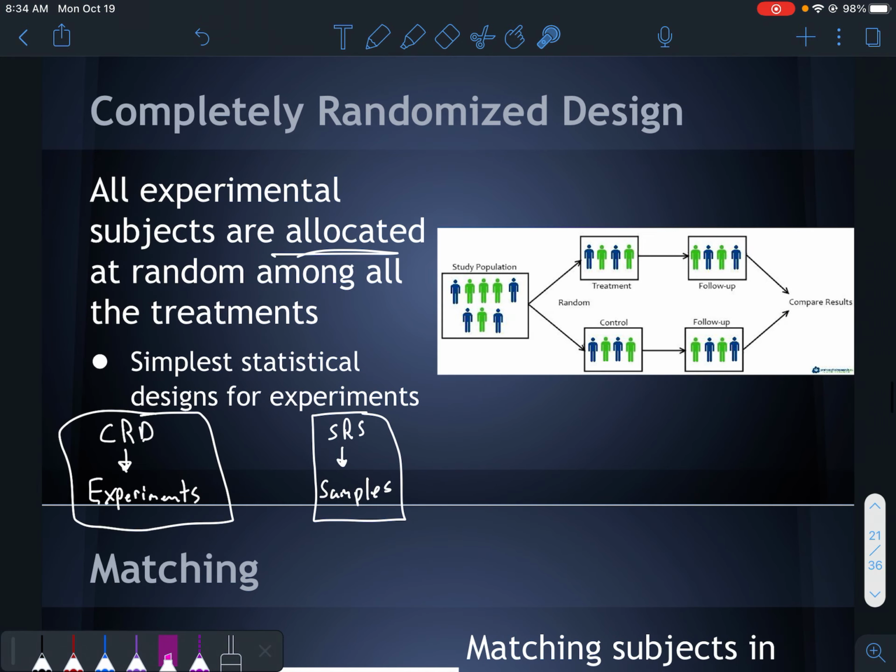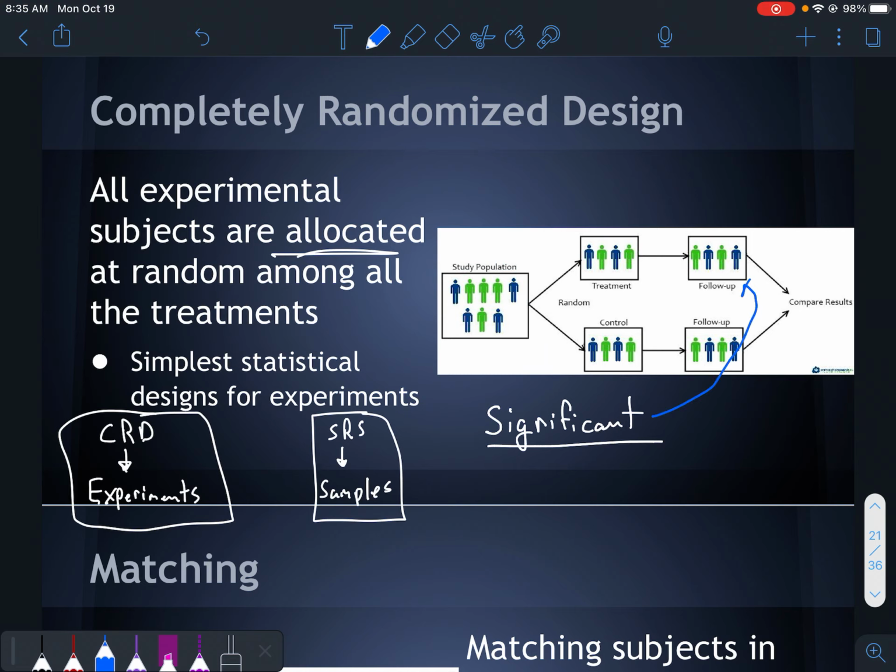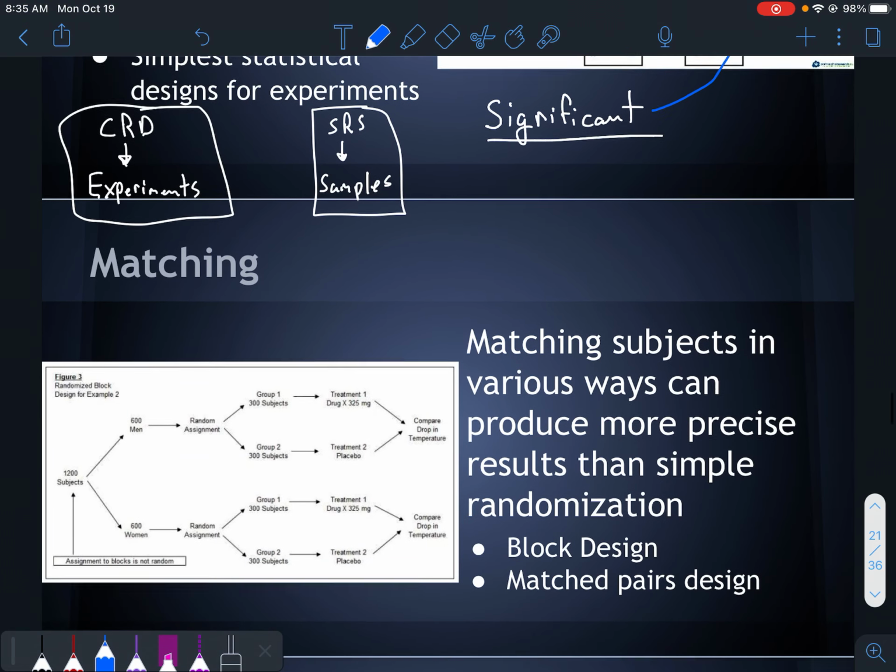And then what you do in the end is you compare results. So you look at your control group and your treatment group, and you say, okay, as we talked before, was there a significant difference between those two groups? A difference that was big enough not to be caused by chance.